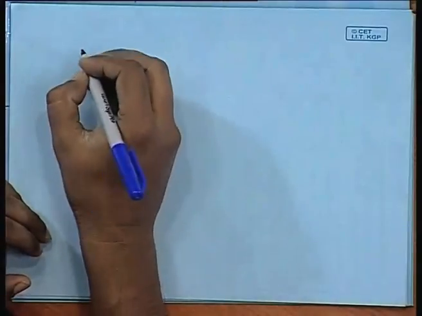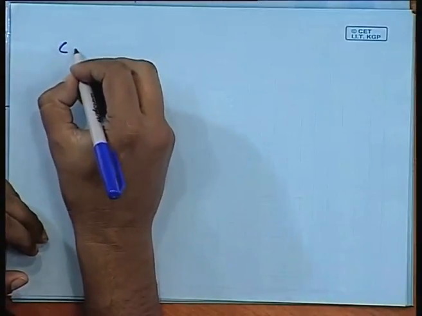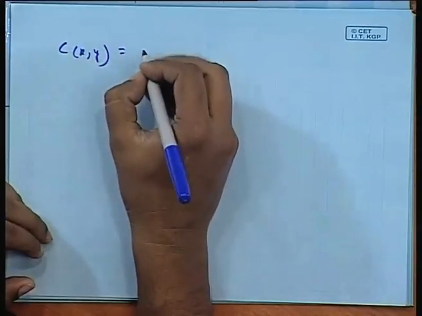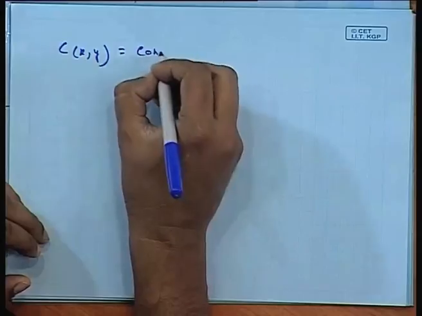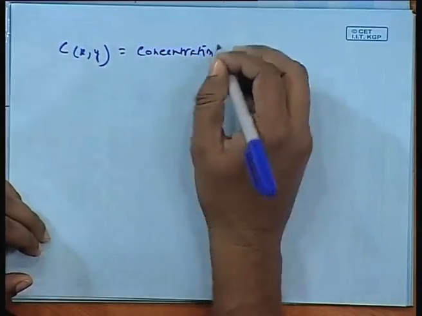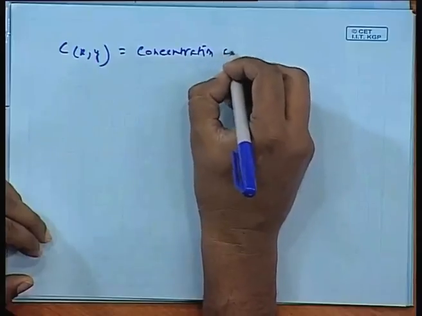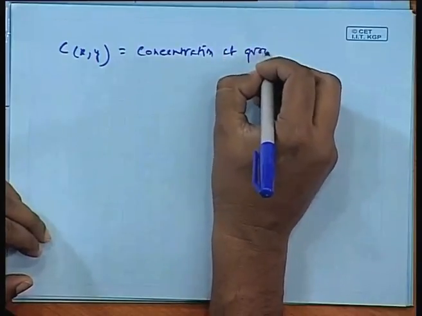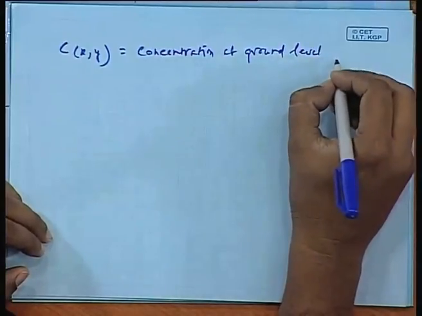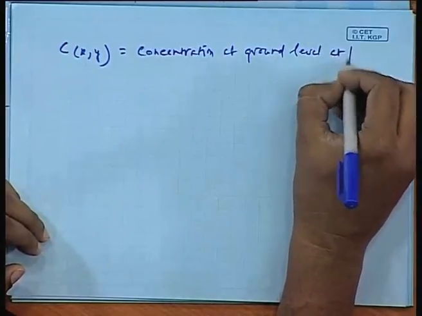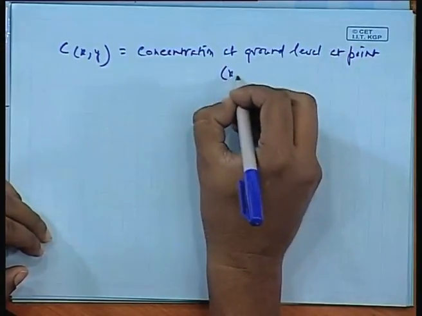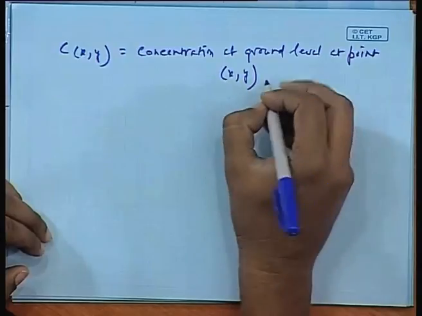So this one is Cxy, which is equal to the concentration at ground level at point xy.